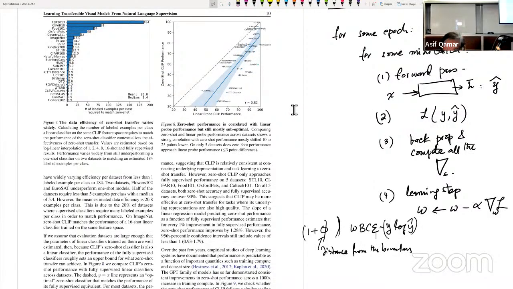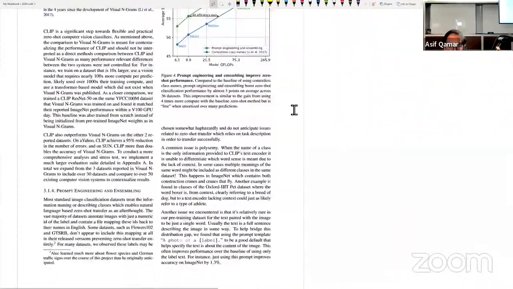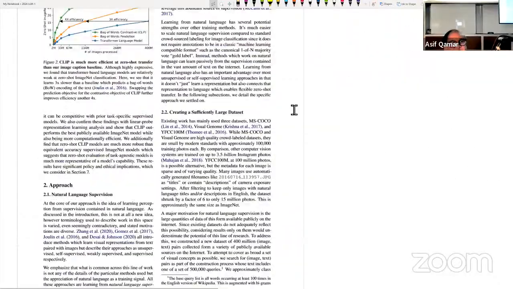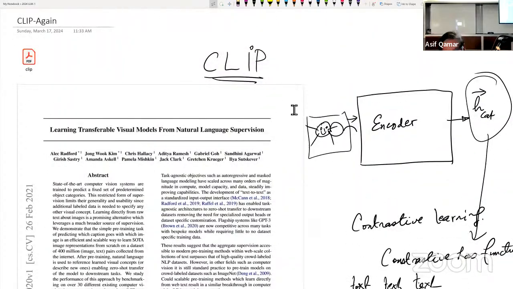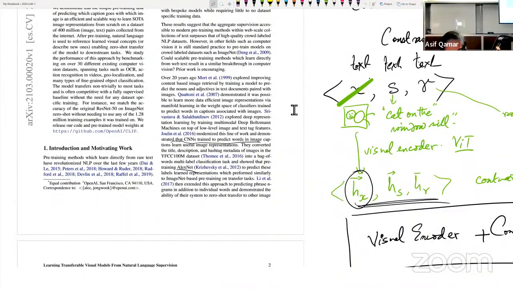Good thing is that, like this paper, who published this paper? I believe this is OpenAI. Yes, it's an OpenAI paper. At the bottom it must say equal contributions, OpenAI.